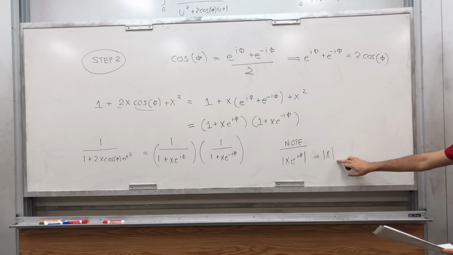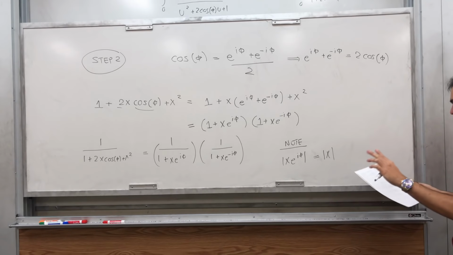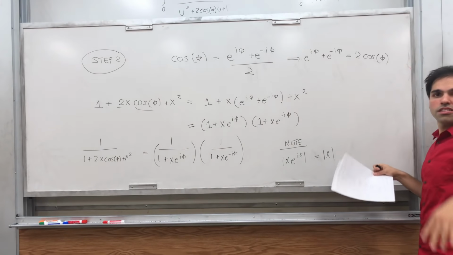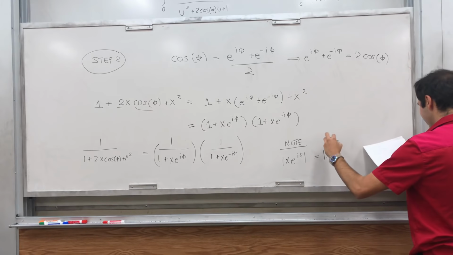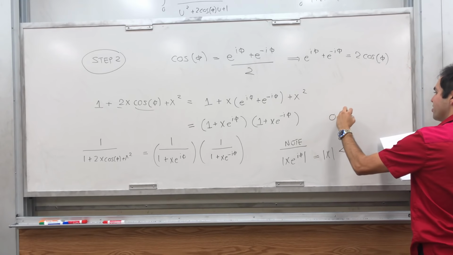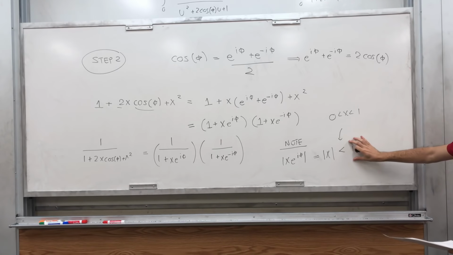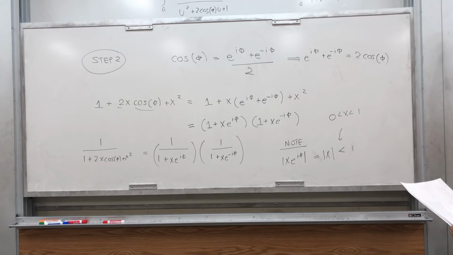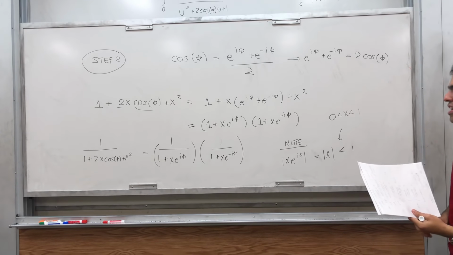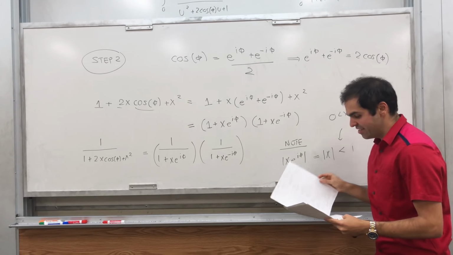But remember x was between 0 and 1 in the integral, and assuming it's an improper integral, we actually have absolute value of x less than 1. So in particular, we are in the radius of convergence business, so we can legitimately expand out those two things as geometric series.